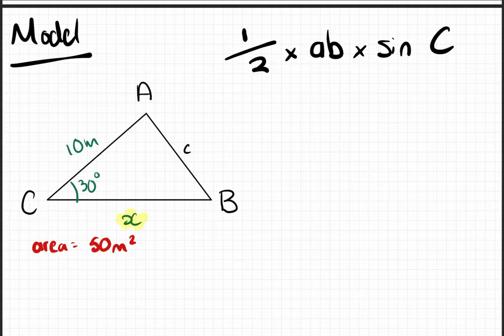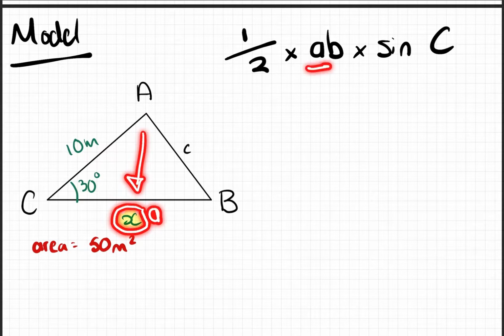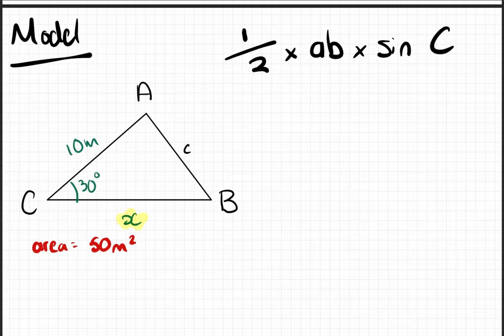Now, we don't know what this missing length is here. This is our side A. We don't know what A is. But what we do know, we have the area this time. So what we're going to do, we're going to plug in all this information. So this equals area. And we know what that is. It's 50 meters squared.